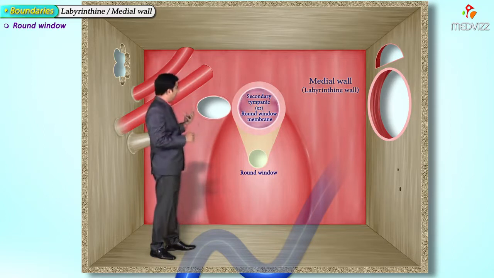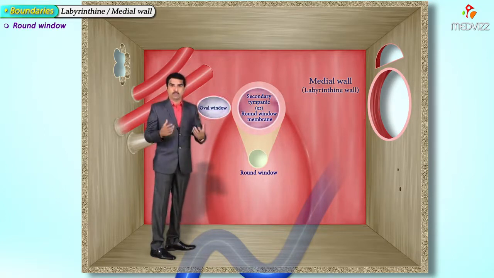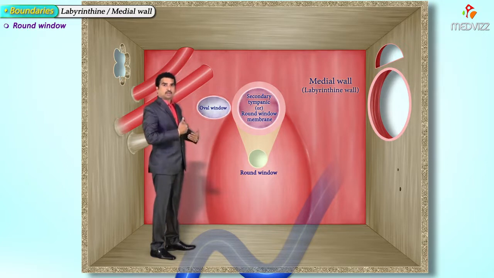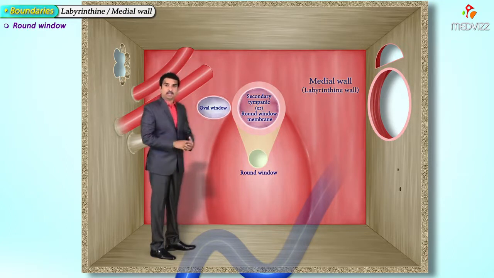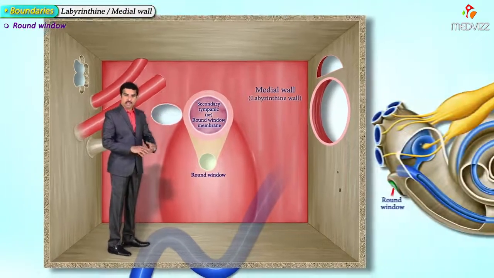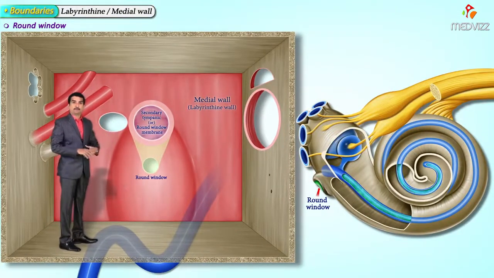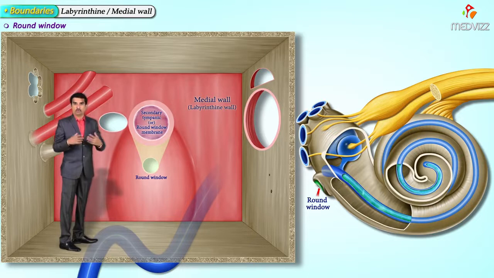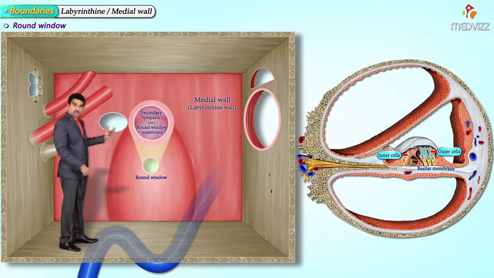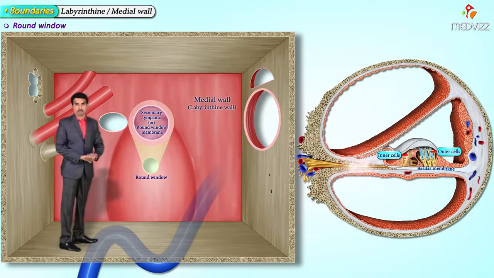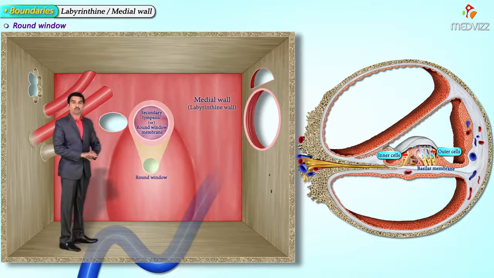This membrane vibrates with opposite phase vibrations to those entering the inner ear through the oval window. It allows the fluid in the cochlea to move, which ensures the hair cells of the basilar membrane are stimulated and audition occurs. That is the importance of the round window.